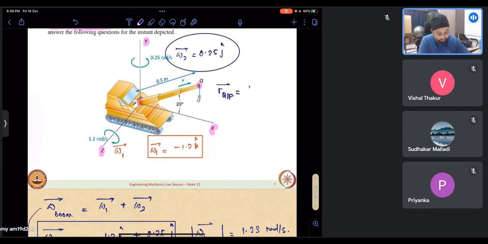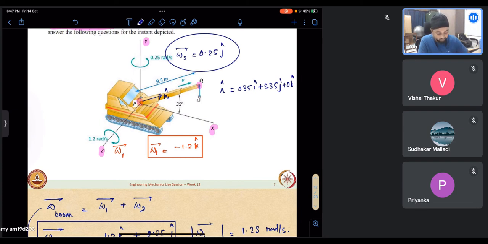It is nothing but 9.5. If I take the unit vector in this direction, call it n cap, then my n cap is cos 35 i plus sin 35 j plus 0 k. At this instant, it is aligned, so there is no k component.